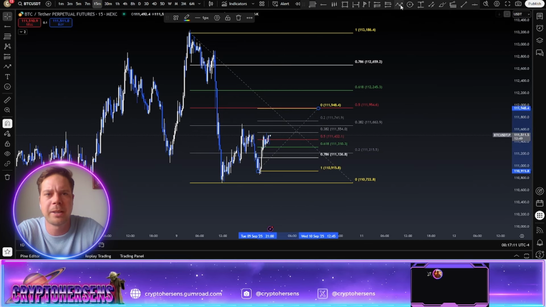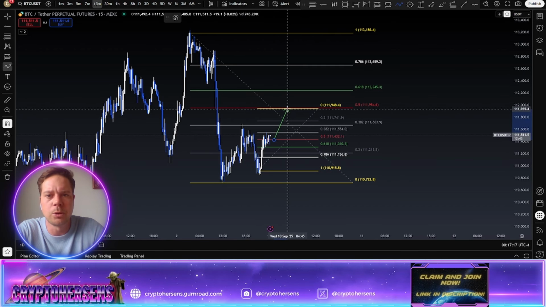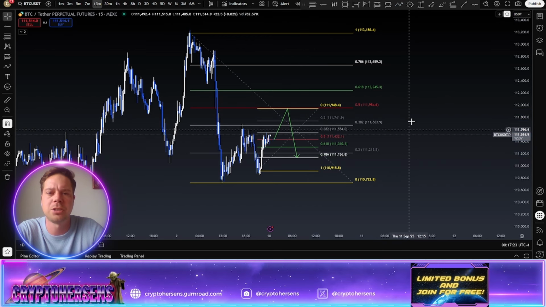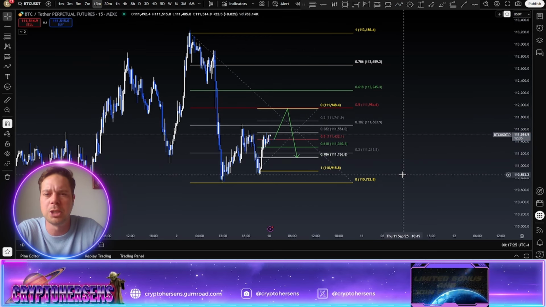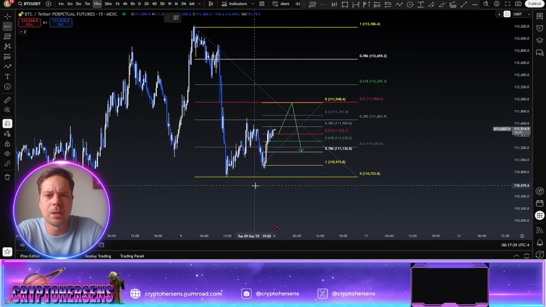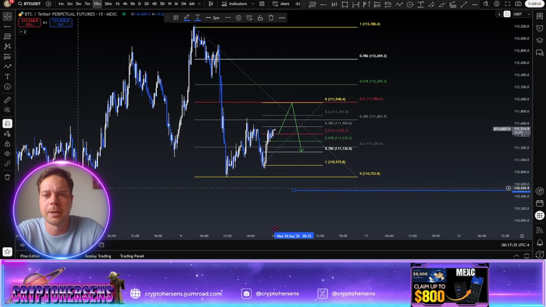So what I'm expecting for BTC is to go to the 50 line, to eventually come back to the 618 or the 786. In this case, I choose the 786 because we're not so bullish anymore. Our stop loss needs to be underneath this wick here.